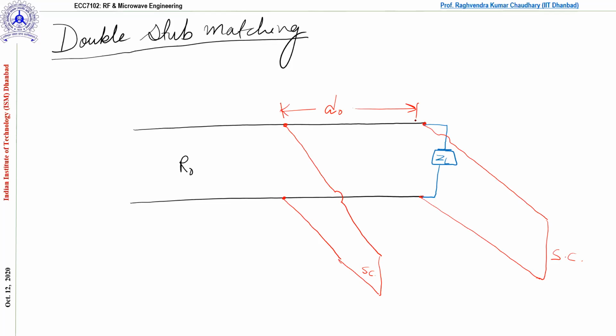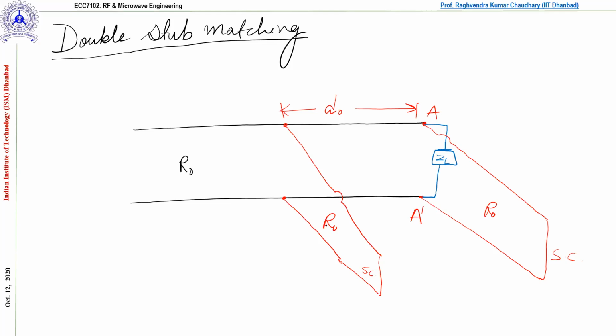Now let us mention some of the variables over here, starting from this point, which we mark as a dash. One more thing I forgot to mention: the characteristic impedance of these stubs is the same as the transmission line, which is R naught.